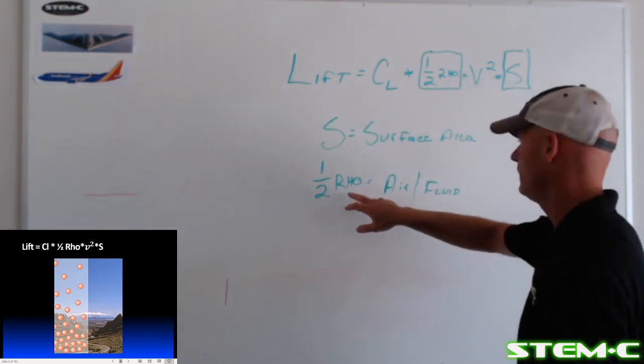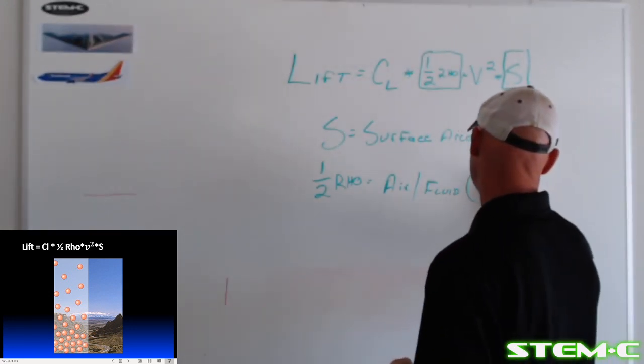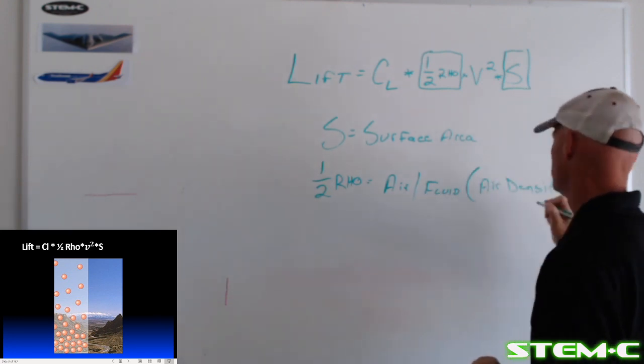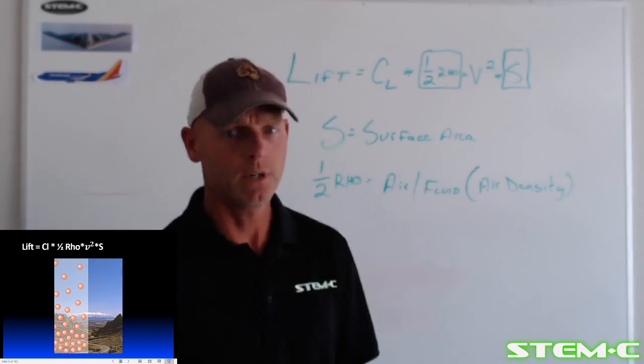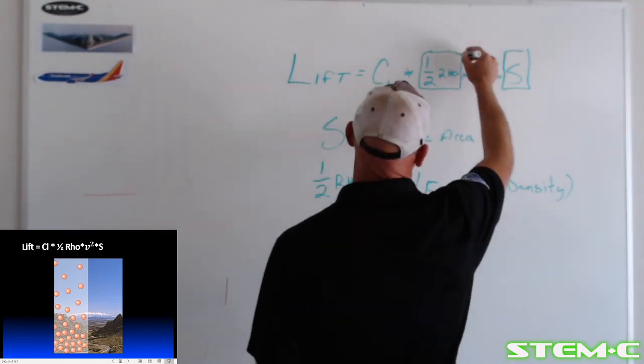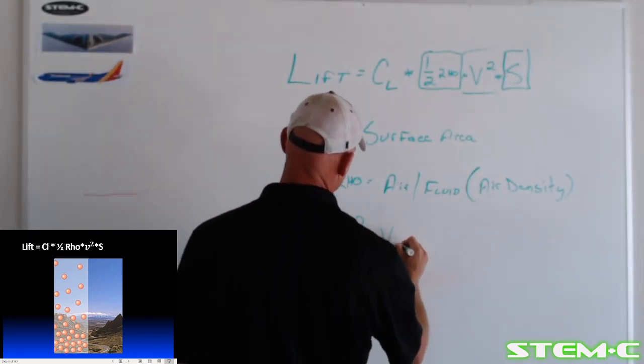So that's what rho is. Rho is just air fluid or air density. I think that all got on the screen there. Yep, air density. All right, so the next thing we need, v squared, which is velocity.